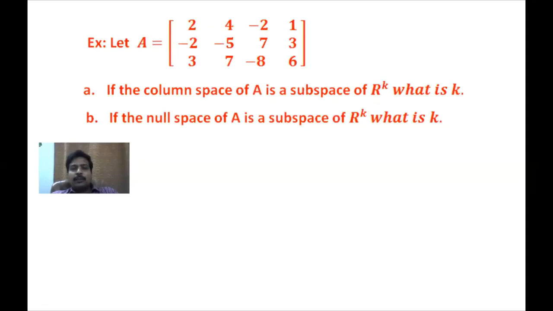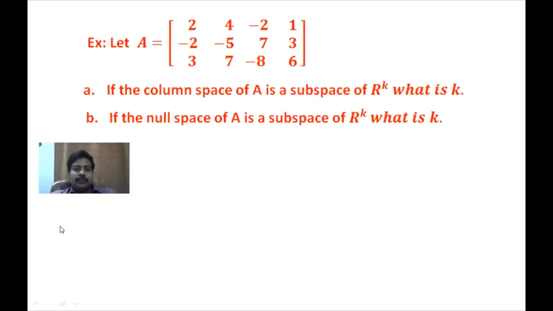So this is another problem on null space and column space. Let A be a 3 by 4 matrix: 2, 4, minus 2, 1; minus 2, minus 5, 7, 3; 3, 7, minus 8, 6. If the column space of A is a subspace of Rk, what is k?